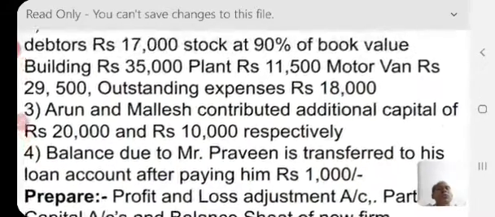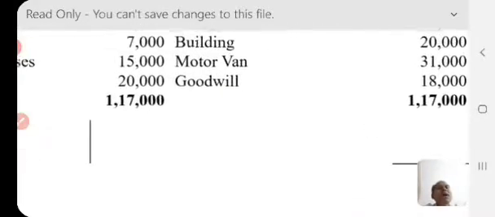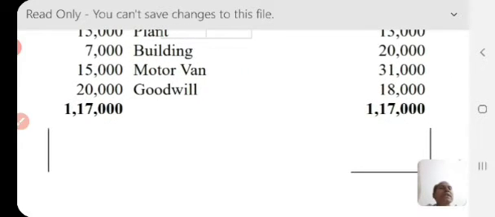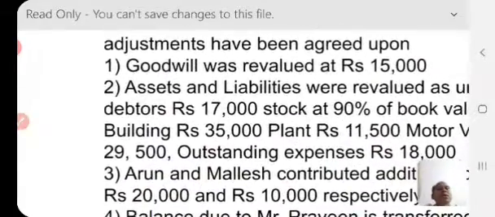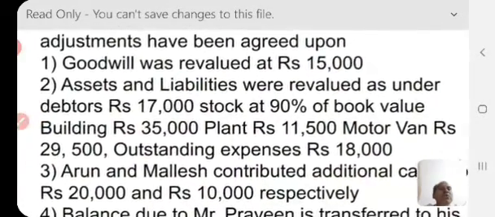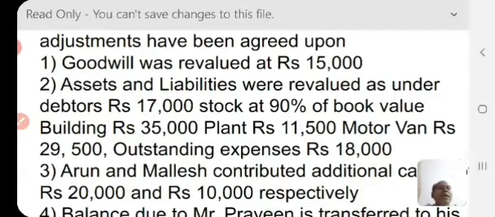How? See, the motor van value is 31,000. In the adjustments, motor van rupees 29,500.